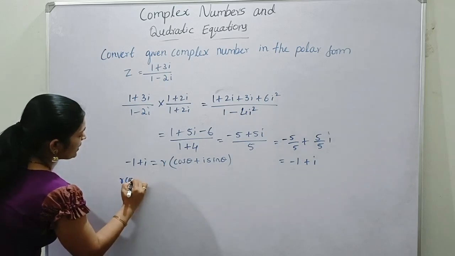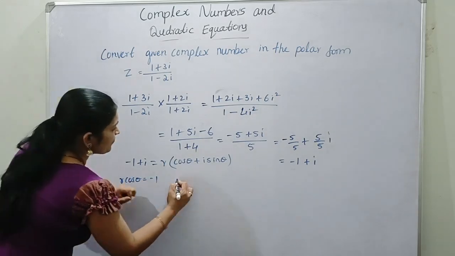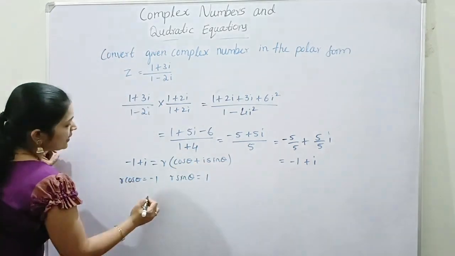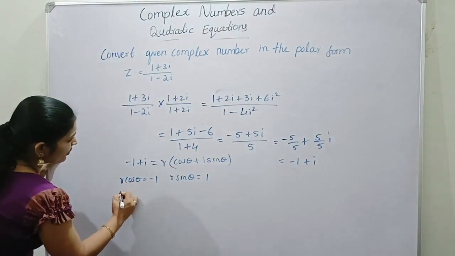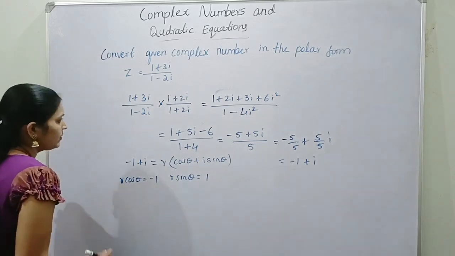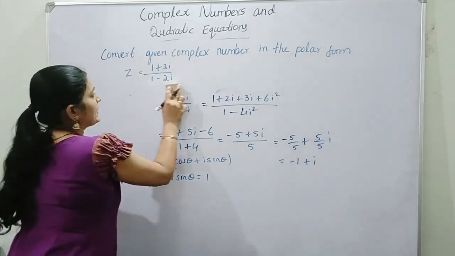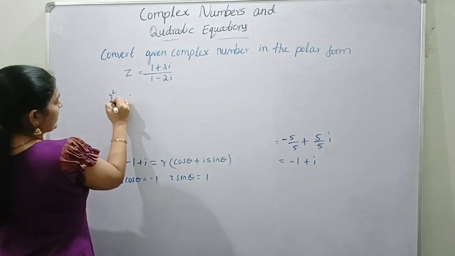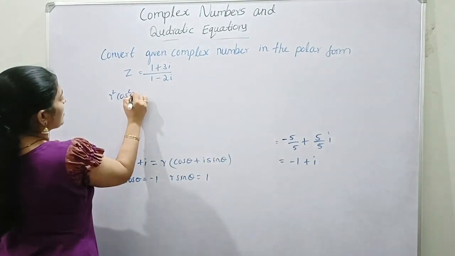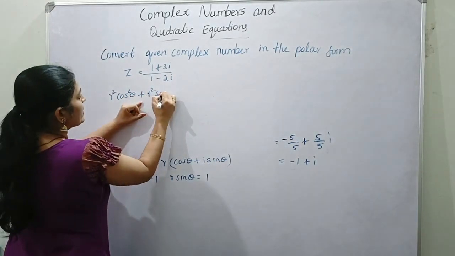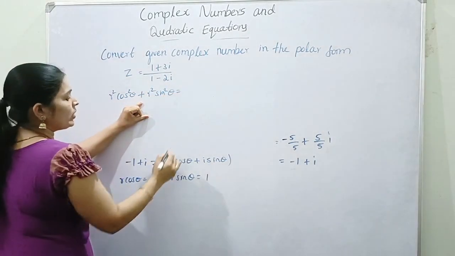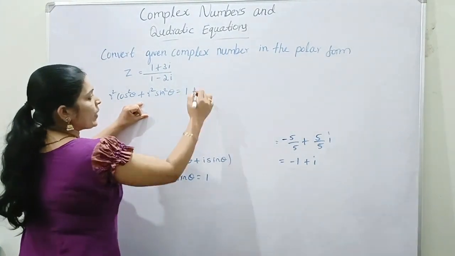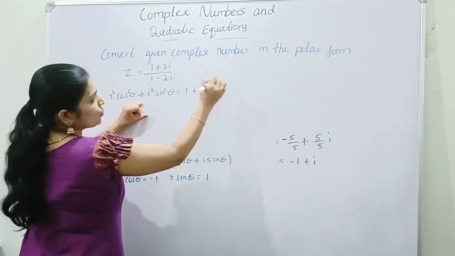So r cos θ = -1 and r sin θ = 1. Then by squaring and adding we get r² cos² θ + r² sin² θ = (-1)² + 1², which is 1 + 1, that is equal to 2.